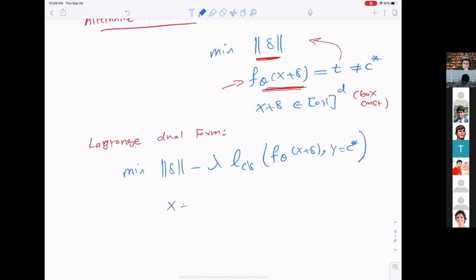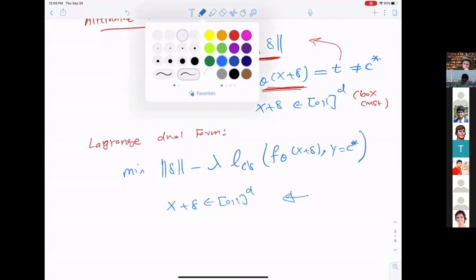And of course, I need to have my box constraints. So this can be satisfied by clipping. So that's easy. And now my objective has a non-convex form, but I'm going to use gradient descent in order to approximately solve this optimization problem.